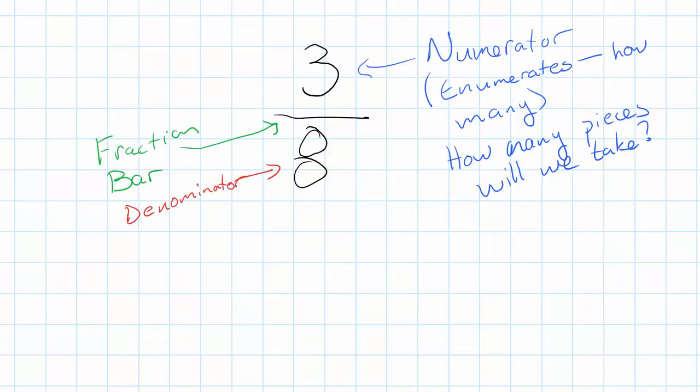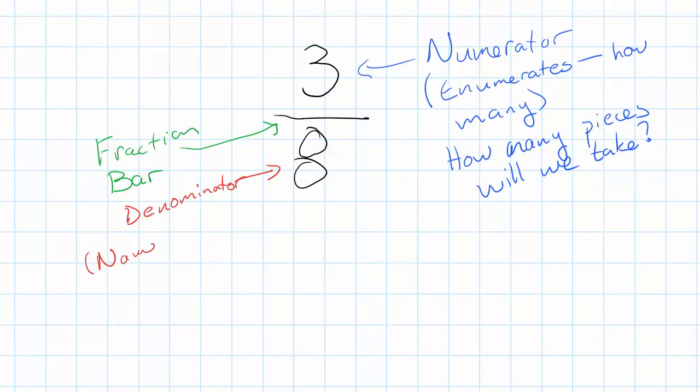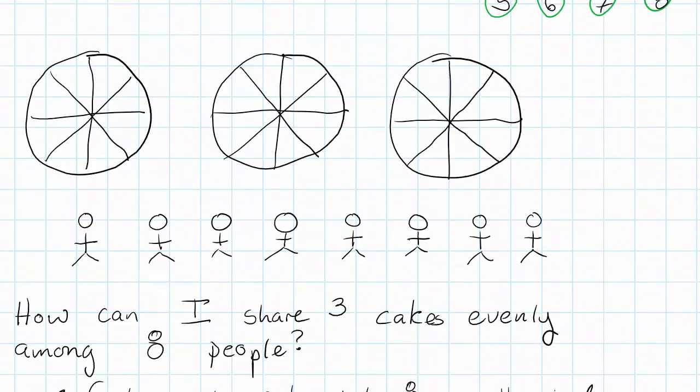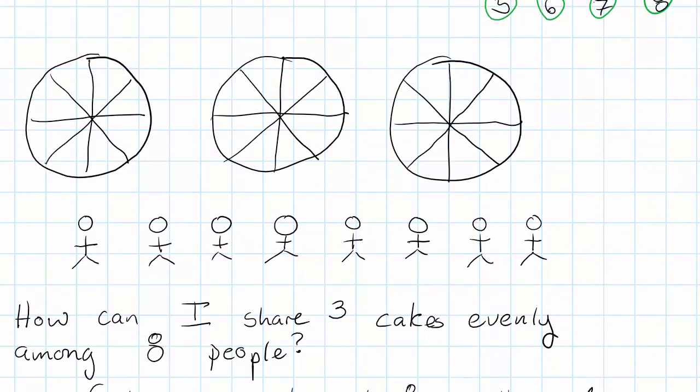The numerator tells us how many, the denominator names. It tells us what kind of pieces we're talking about. So this says, how many pieces is each whole thing, each unit? How many pieces is it cut up into? So in my example, my unit was a cake.